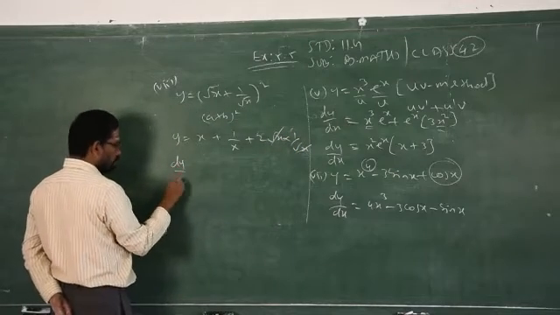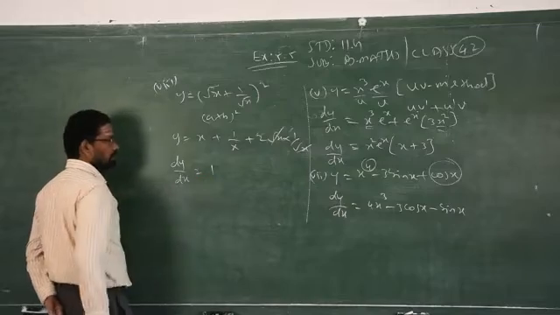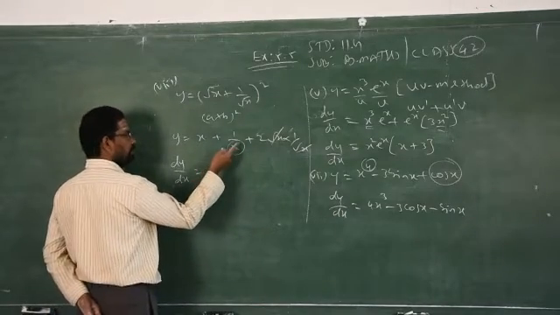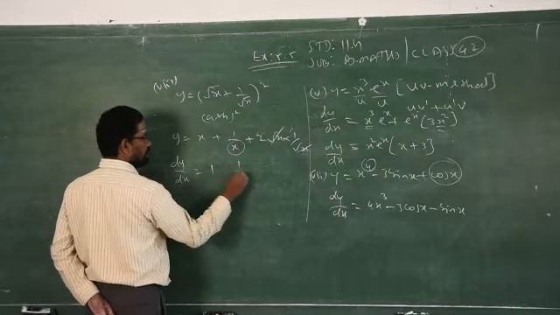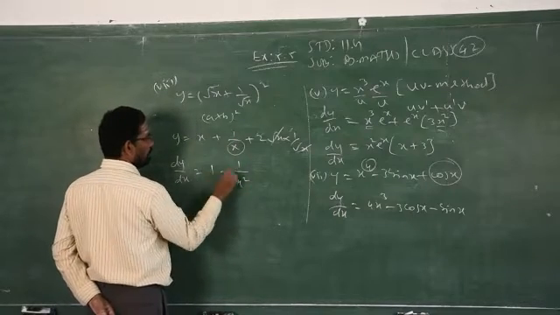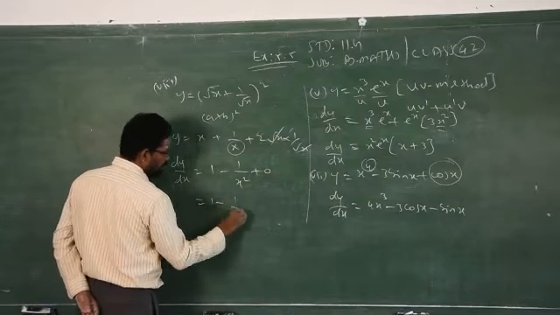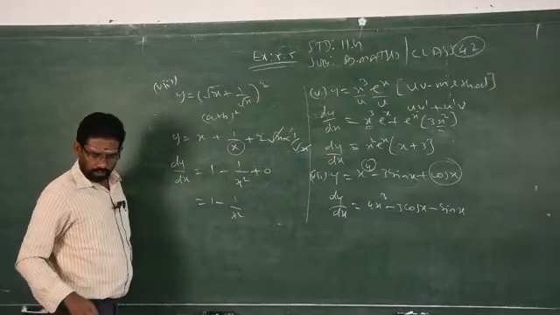So now you differentiate dy by dx, x will become 1, again the denominator. How do you differentiate? Power of x multiplies with the numerator, add 1 to the power, plus will become minus. Here only constants, so 0, answer is 1 minus 1 by x square.